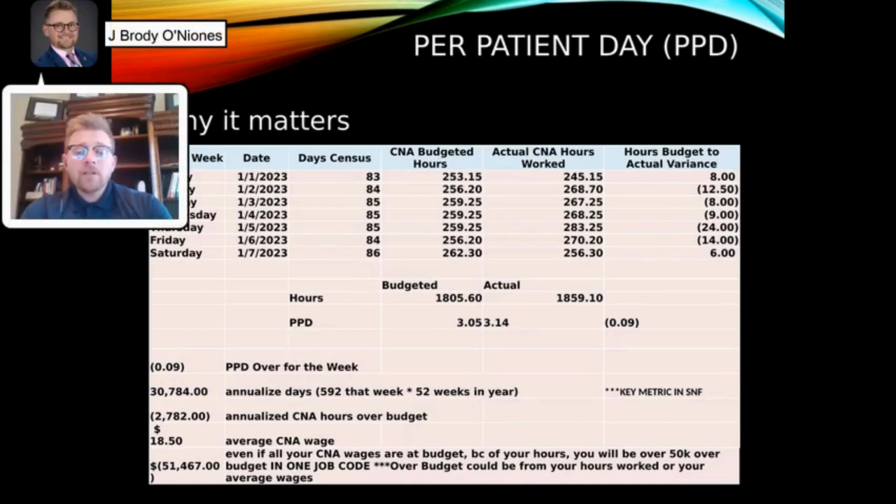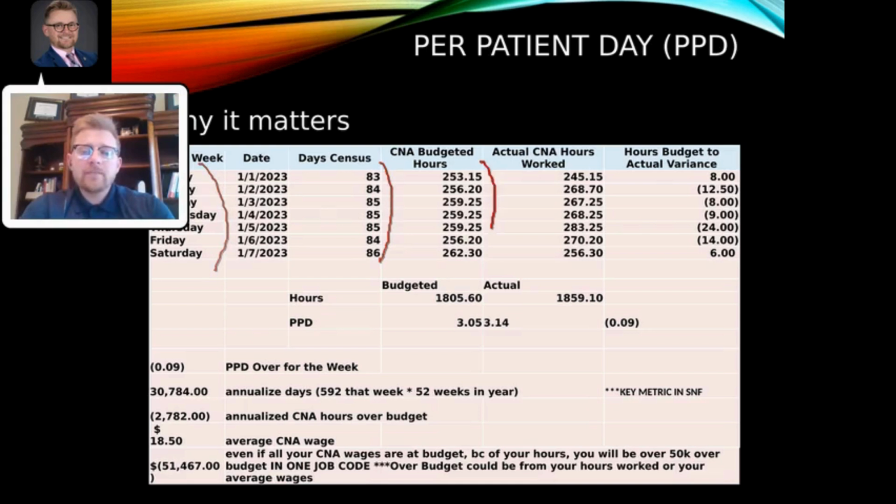All right, so let's look at this in practice. We have the same numbers in our table. Why is a PPD such a crucial management tool to manage your labor cost? Well, if we look at the same table, we have the same week and we have the same patient days for each day, heads in the bed.